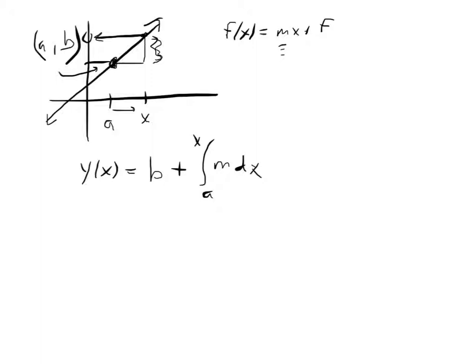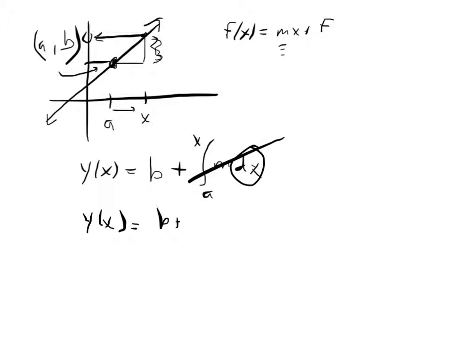Now, I can use fundamental theorem part 2 to expand that to y of x equals b plus. Now, I've called this dx, but I probably should call it a dummy variable for my integration.